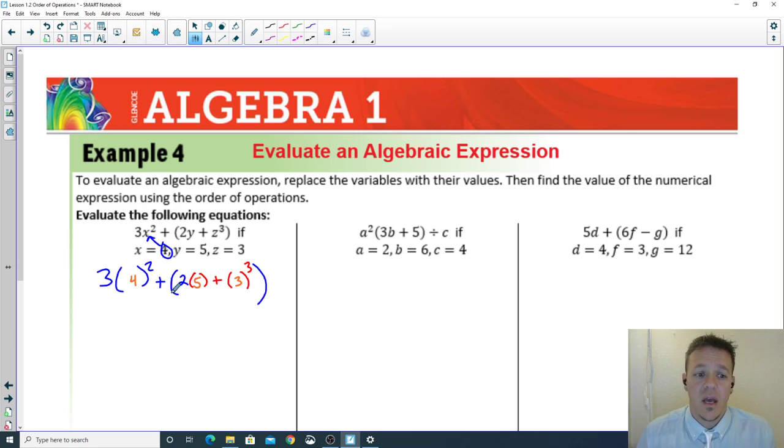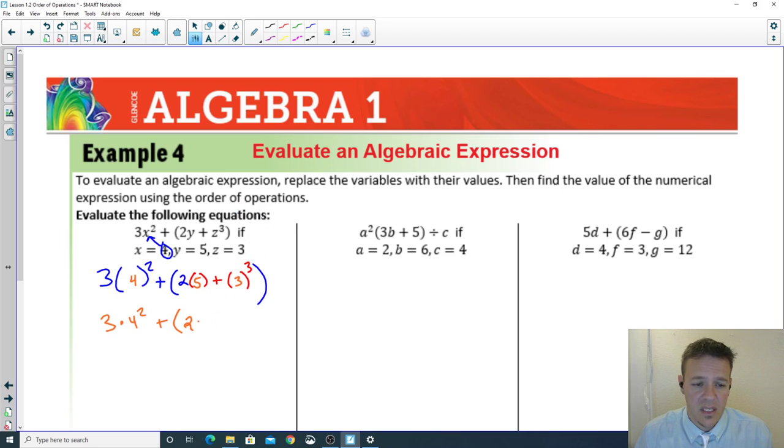Now it's going to be PEMDAS, parentheses first, and then exponents. We've got to solve within, right? So on this one here, it's going to be 3 times 4 squared plus, and then it's going to be 2, right?